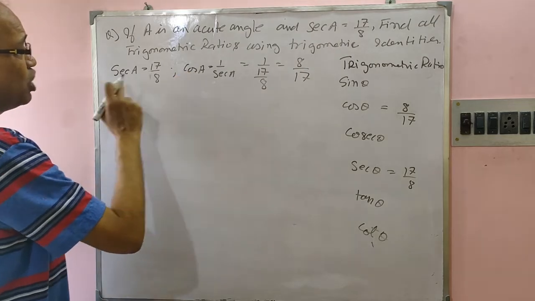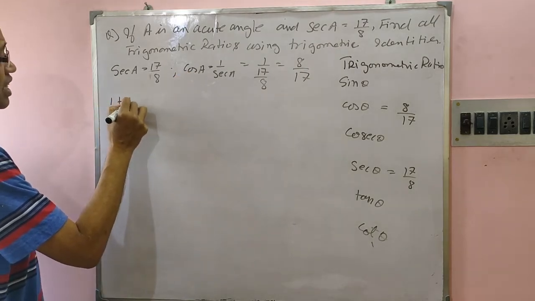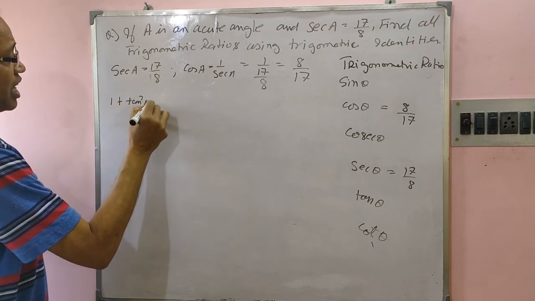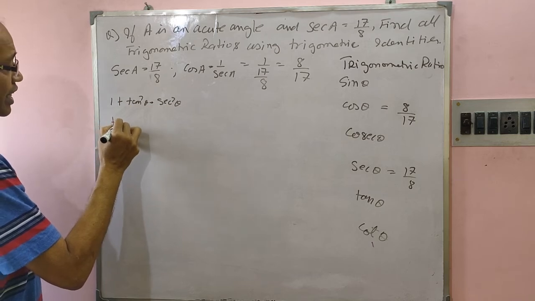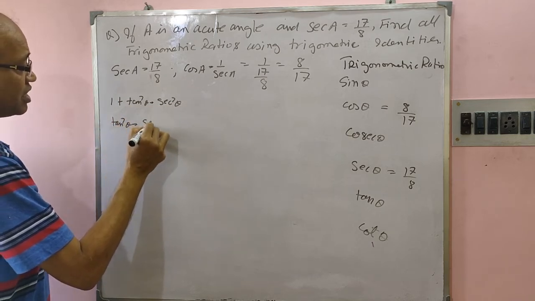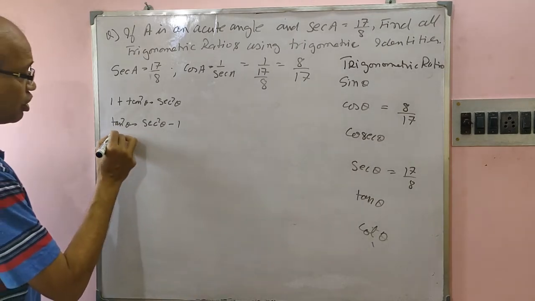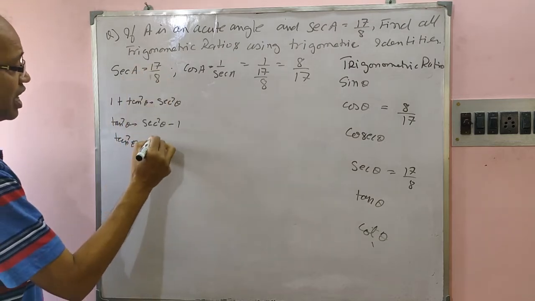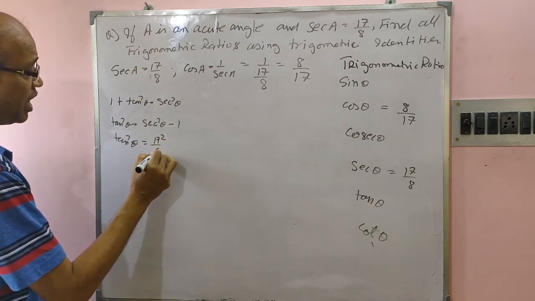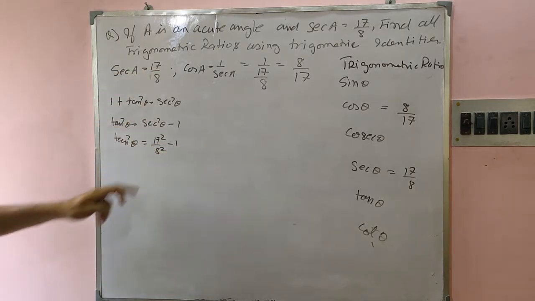Now we know that 1 plus tan square theta is secant square theta. So tan square theta is secant square theta minus 1. Therefore, tan square theta is equals to 17 square by 8 square minus 1.